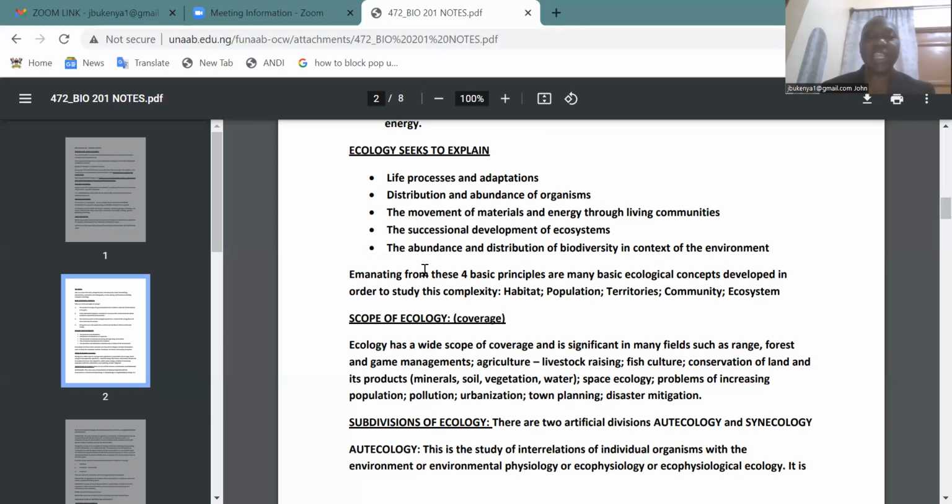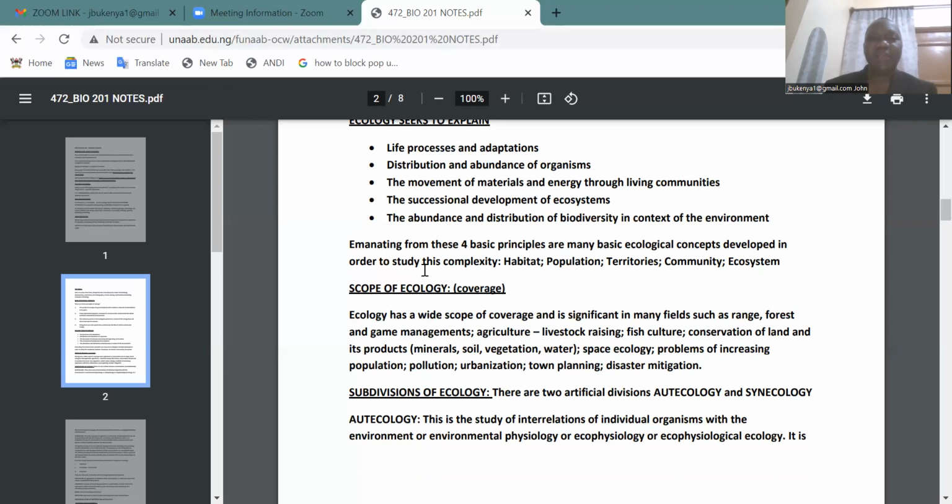But ecologists are interested in successional development of ecosystems. And finally, they are interested in the distribution and abundance of biological diversity within the environment.